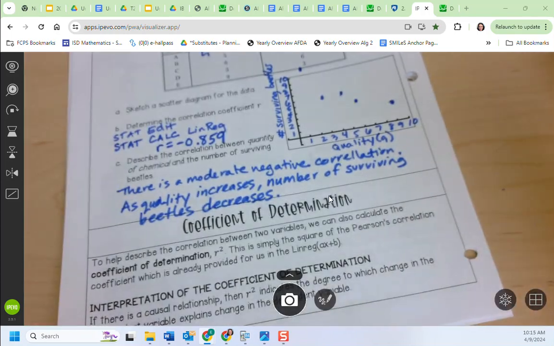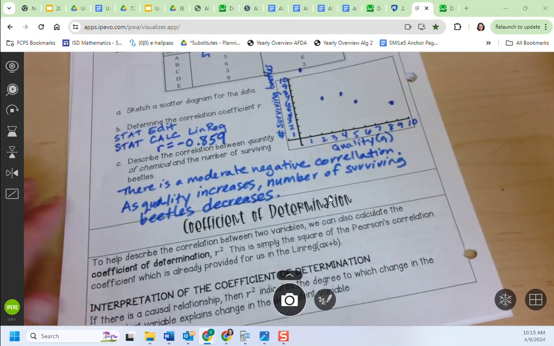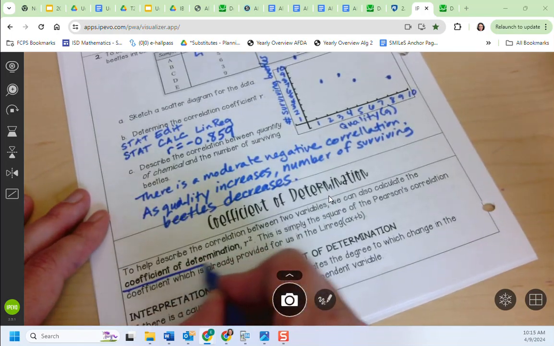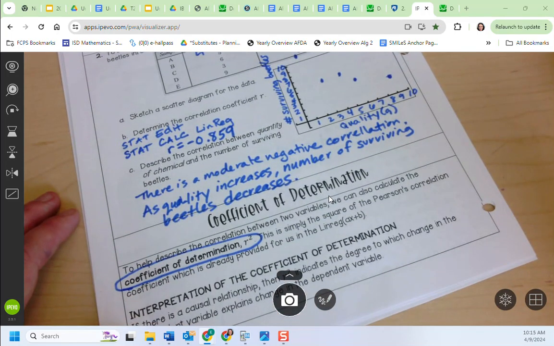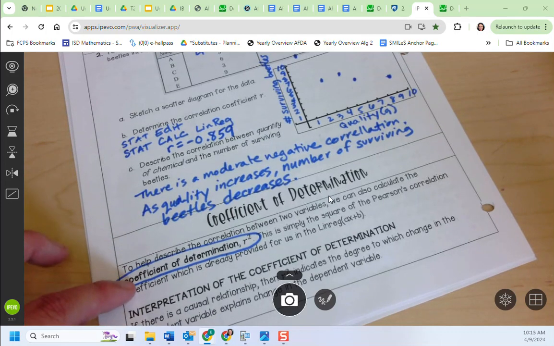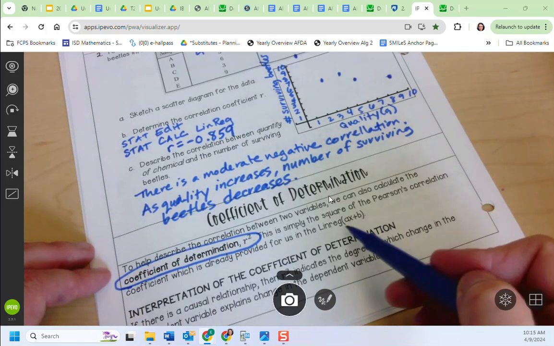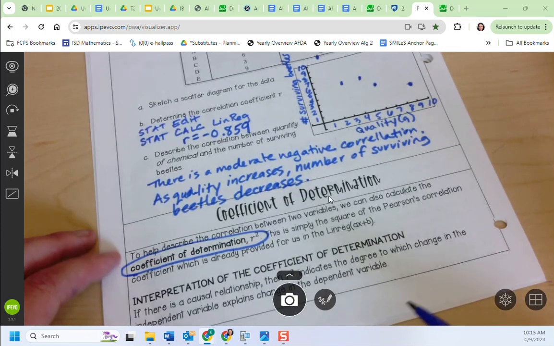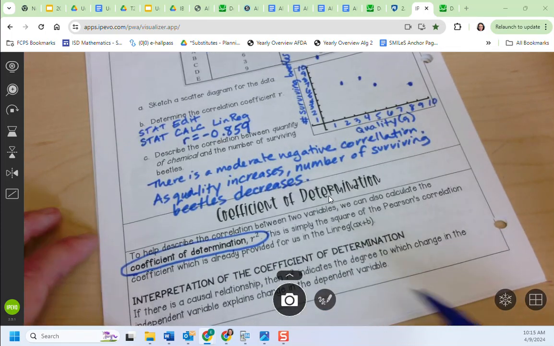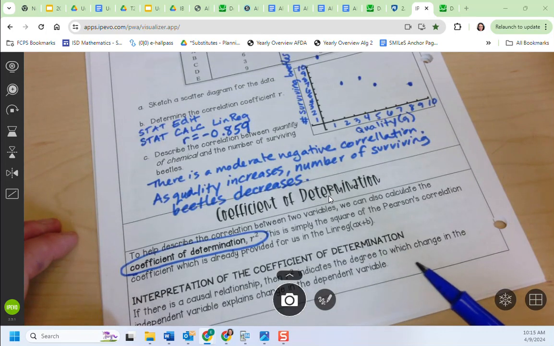All right, so the R squared has its own name. It's called the coefficient of determination. And to help describe the correlation between the two variables, we can also calculate this. It is simply the square of the Pearson's correlation. However, notice that by squaring it, it's going to always become positive. So the coefficient of determination is always positive. It won't tell us the direction.